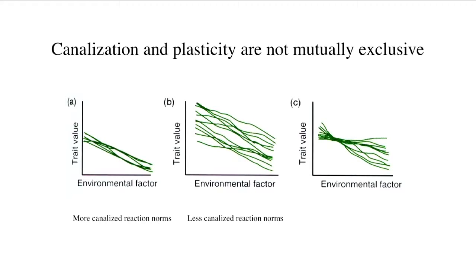So if these happen to be two populations of the same species, we would probably assert that these had undergone selection to canalize the trait.